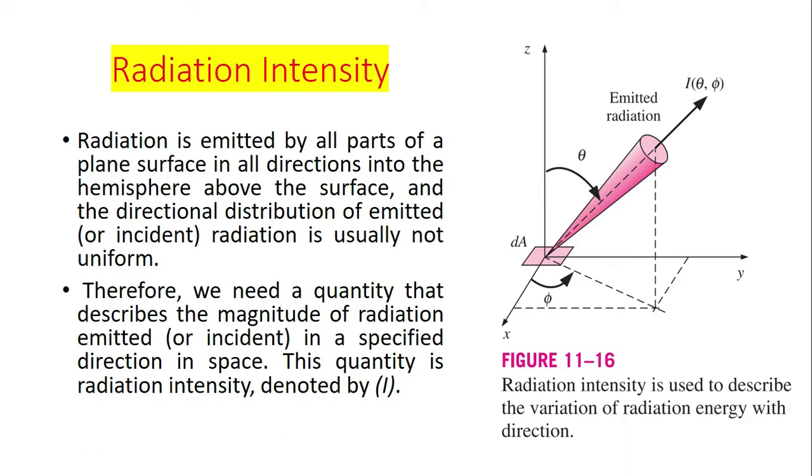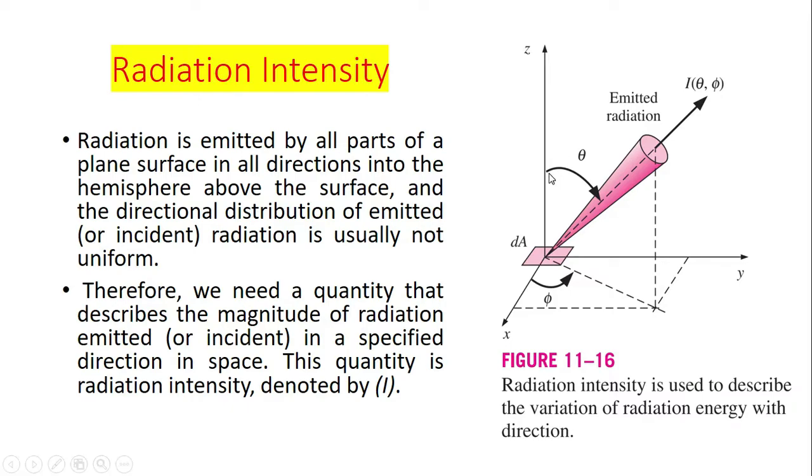Before we can describe a directional quantity, we need to specify the directions of the emitted radiation in space. The direction of radiation passing through a point is best described in spherical coordinates in terms of the zenith angle.